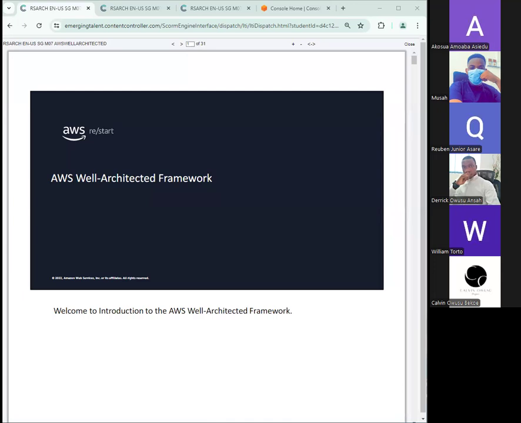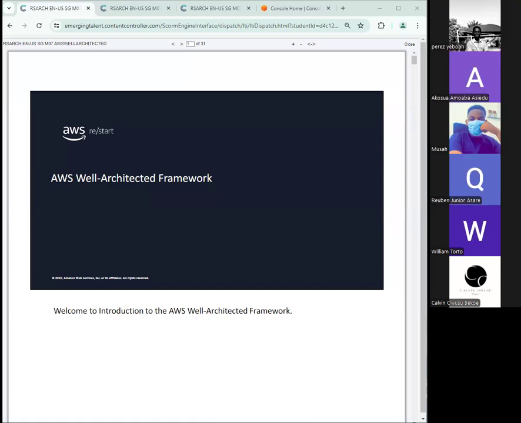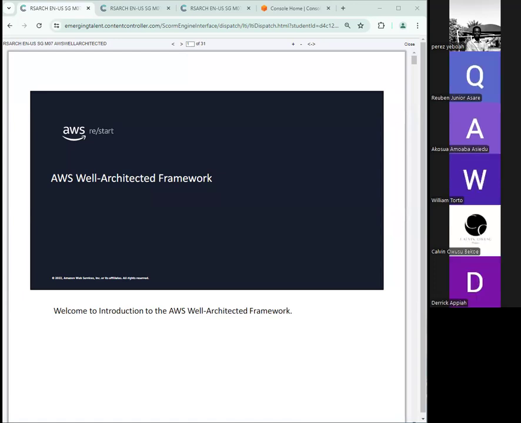And availability is system accessibility, which qualifies the amount of time a resource is available for use without interruptions or downtime. Thank you. All right, thank you, Calvin. Welcome.